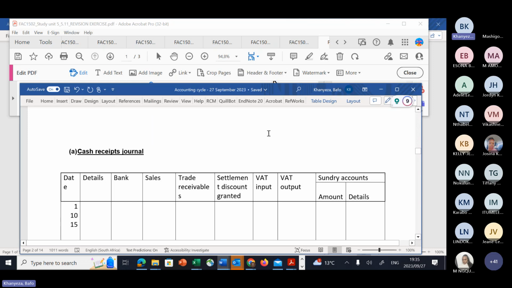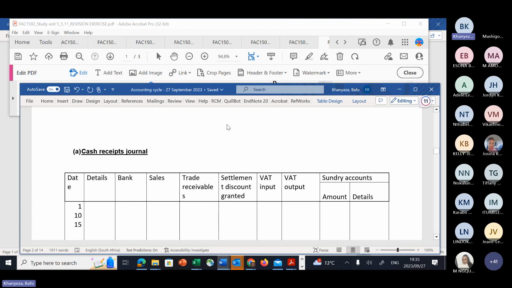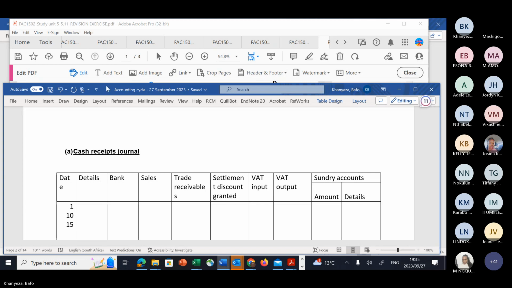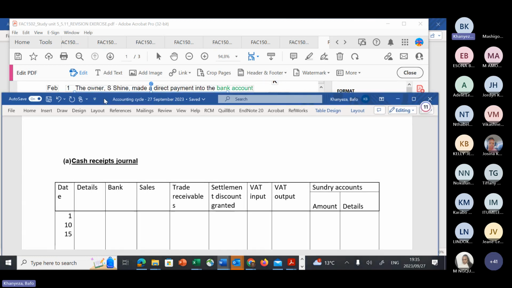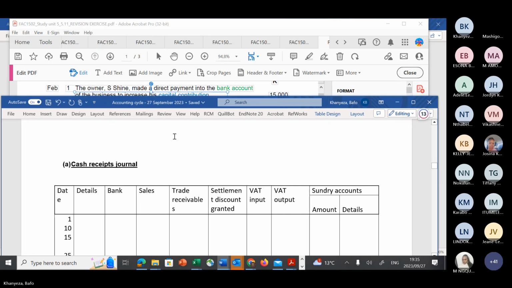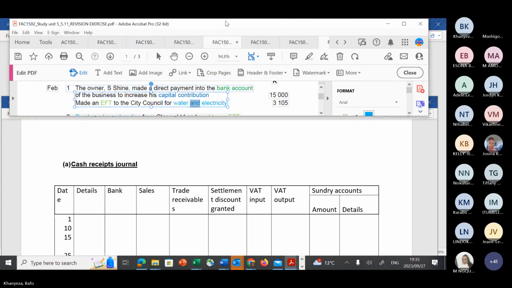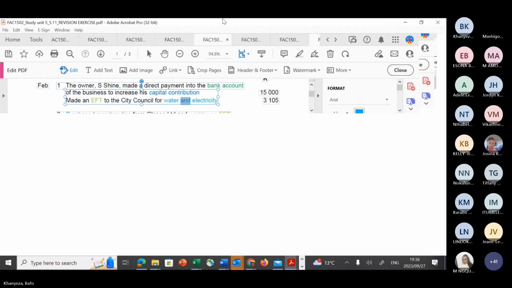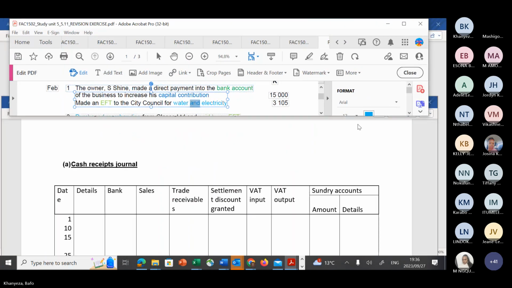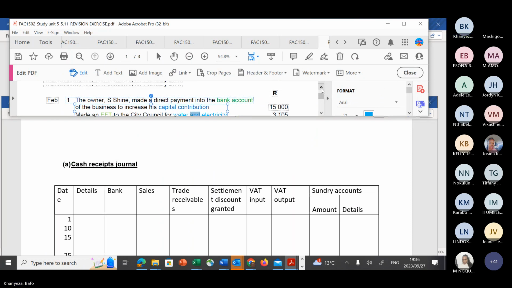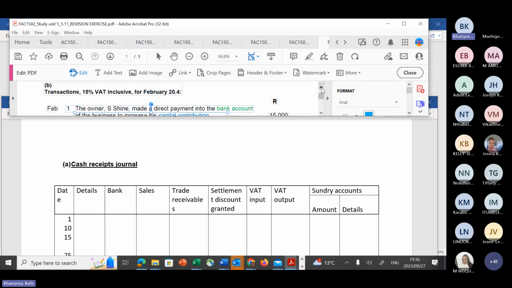So we are analyzing these transactions. This is where we are reading from. Before we start with the first, I just want to make a few changes to the question.